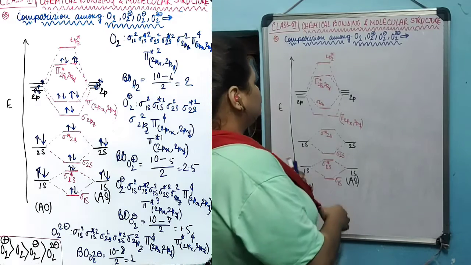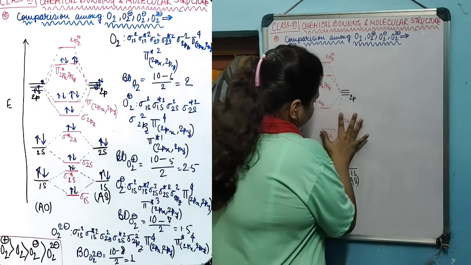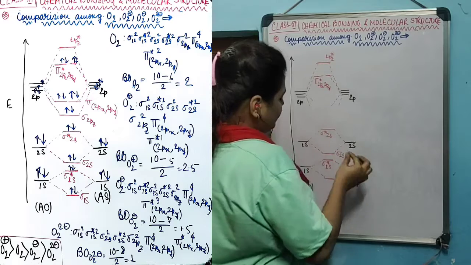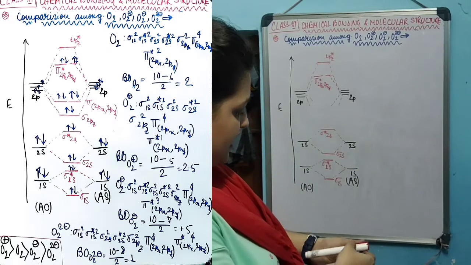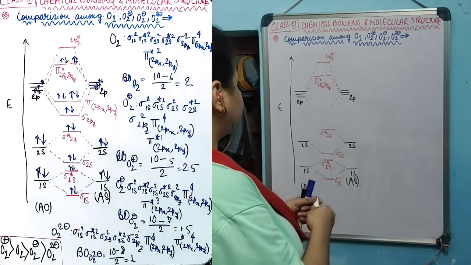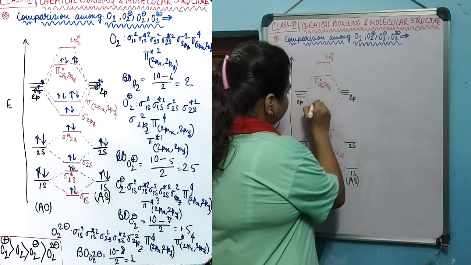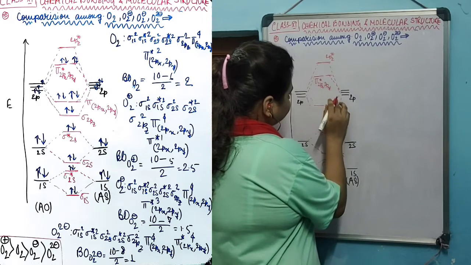As a result, the 2pz and pi orbitals have interchanged their positions, like in this manner.